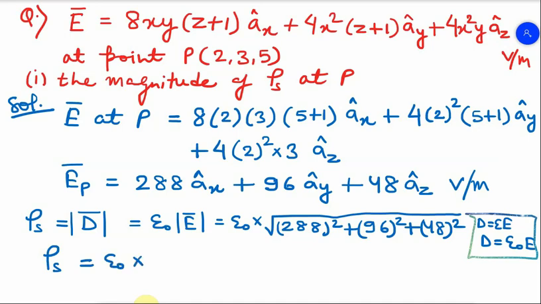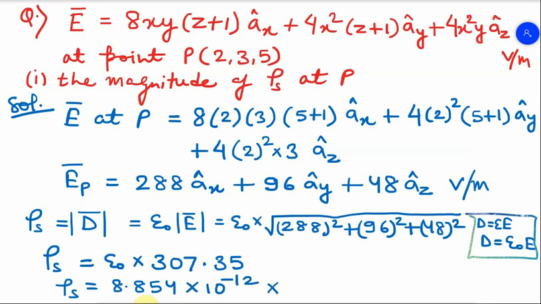If you solve the root, you will get 307.35, and if you multiply it with 8.854 into 10 to the power minus 12, the value of epsilon naught, you will get 2.721 nanocoulomb, meaning 10 power minus 9 per meter square. This is the magnitude of rho s at P.